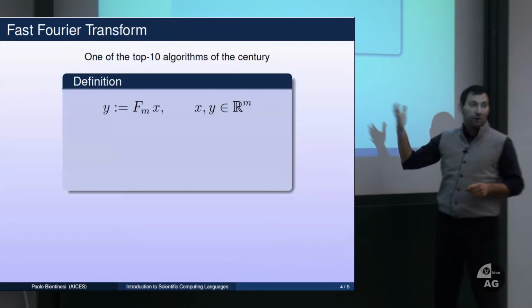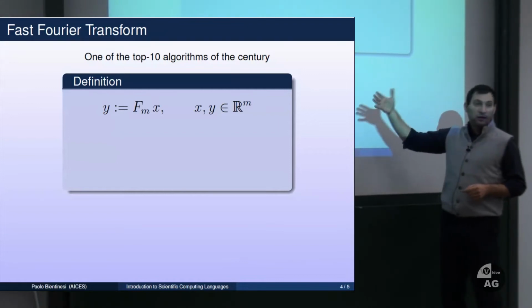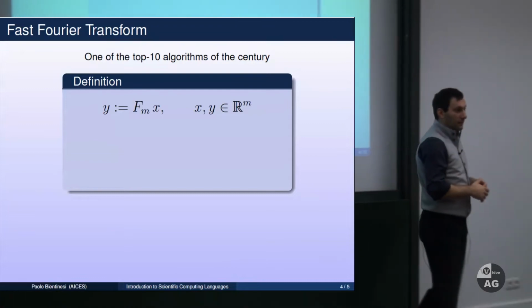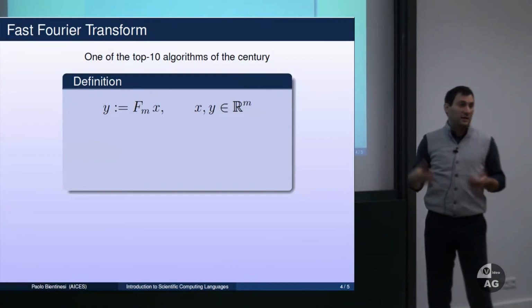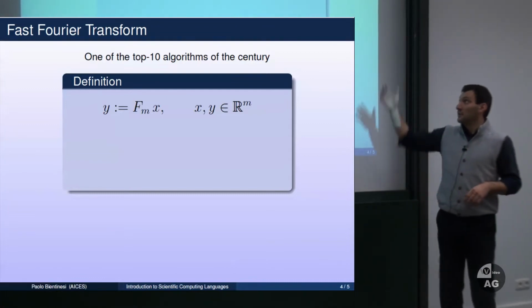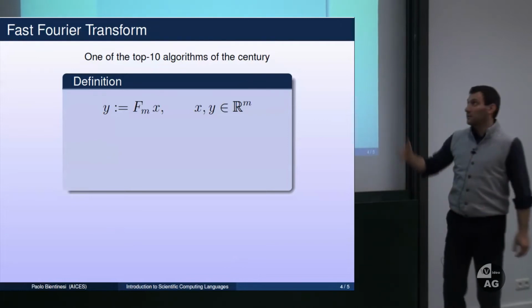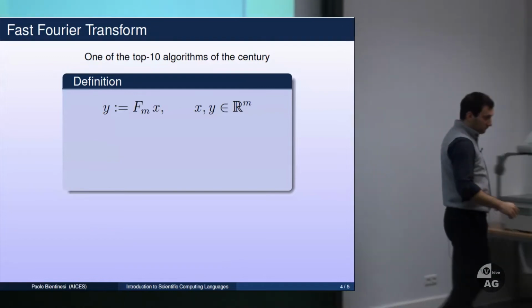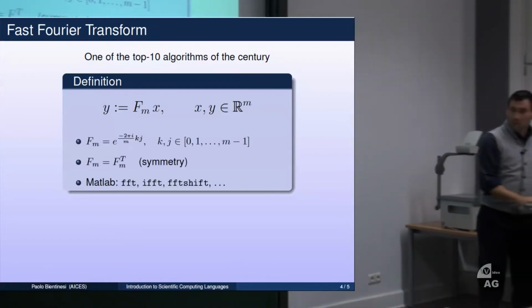If you exploit these properties, you can take down the complexity from n squared to n log n. And so the fast Fourier transform is the algorithm, one of the algorithms, that takes the complexity down and computes this vector y in a fast way.